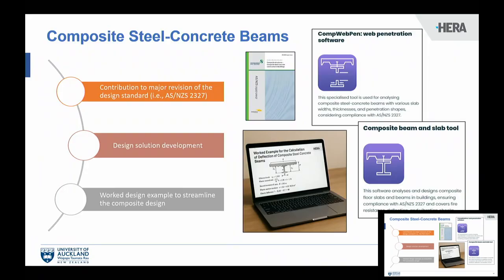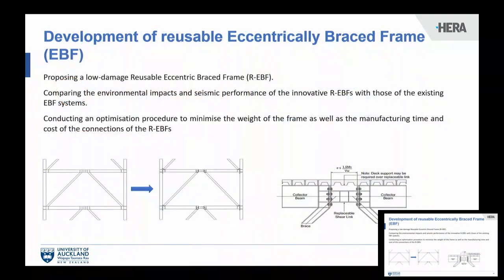And we have ComWeapon that is used for design of the composite beam with web penetrations. We also help engineers by providing design examples, and the design examples for the calculation of composite beams will be published soon. Another interesting project is the review of the P4001, which was developed for the eccentrically braced frames.